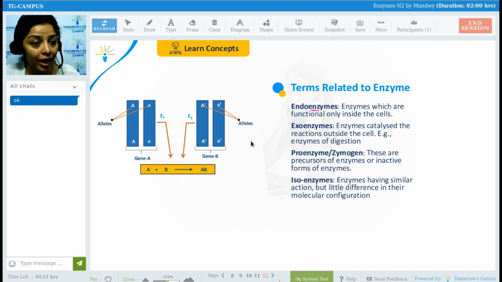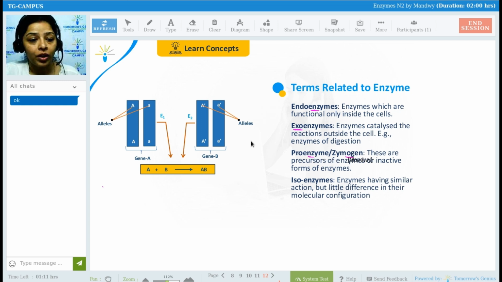Exoenzyme: if enzymes catalyze the reaction outside the cell, then this type of enzyme is called an exoenzyme. So all the digestive enzymes, for example pepsin, trypsin, amylase, these are what? Exoenzymes. Clear?